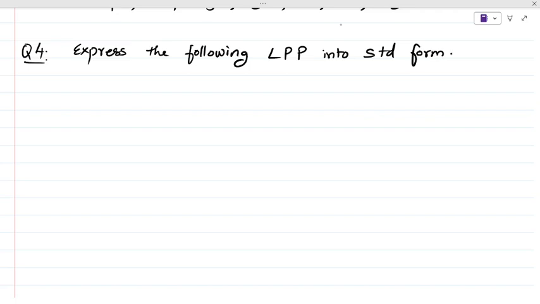Express the following LPP into standard form. This will be slightly different and more difficult to understand, so let me help you how and why it is going to work.